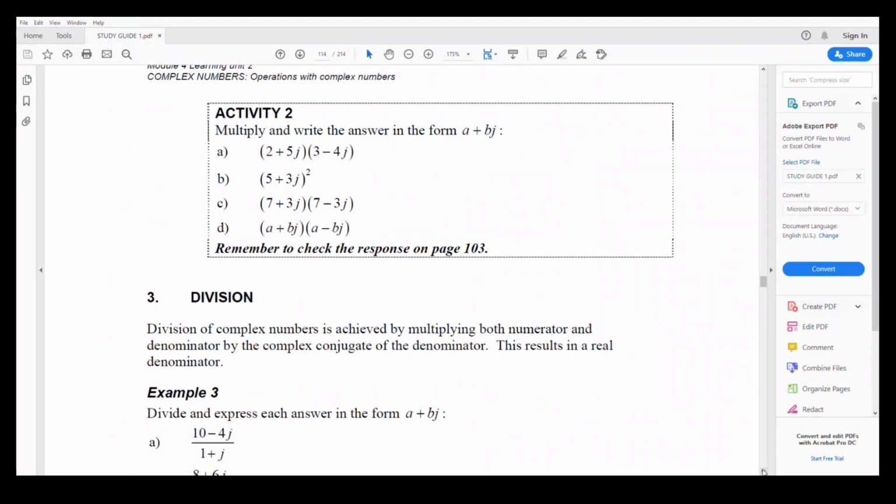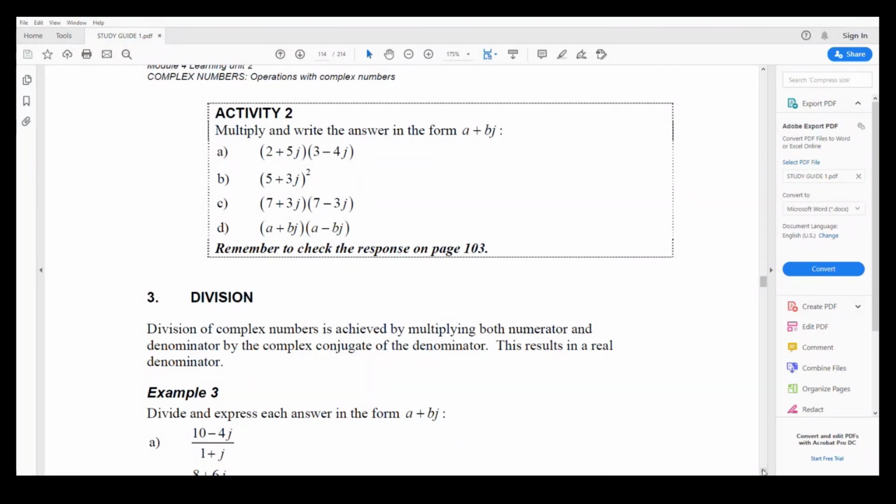And when we did number D, when I started off with the Z times its conjugate, if you look at number D there, you'll see A plus BJ multiplied by A minus BJ. So those are two conjugates that are multiplied. And you will recall that when I multiplied those numbers for you, we got Z times its conjugate gives us A squared plus B squared. Okay.